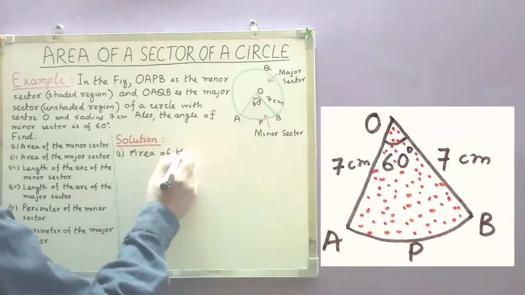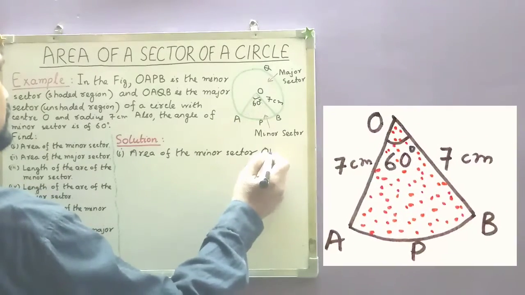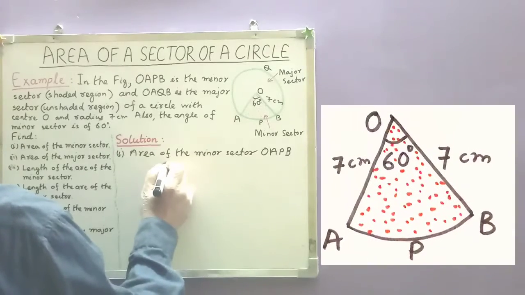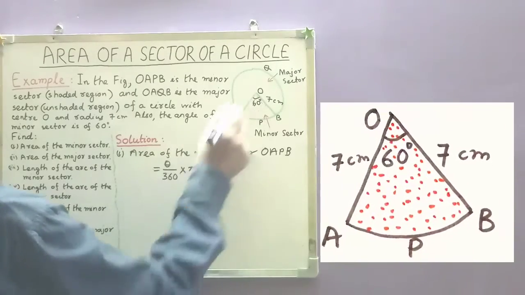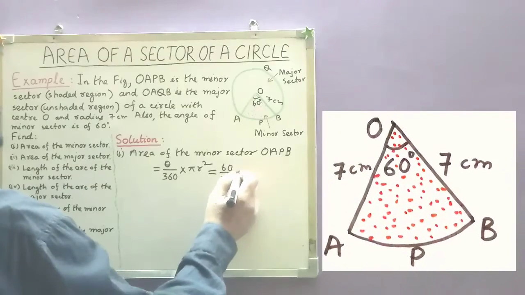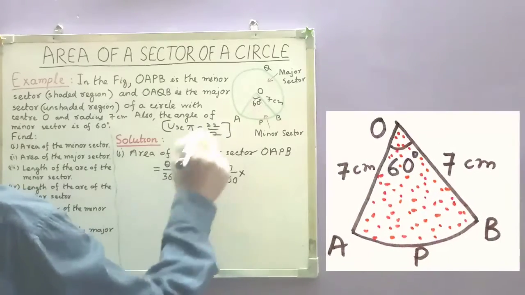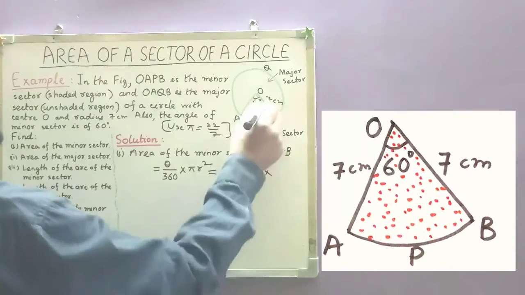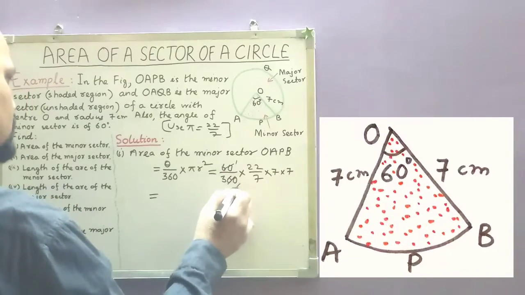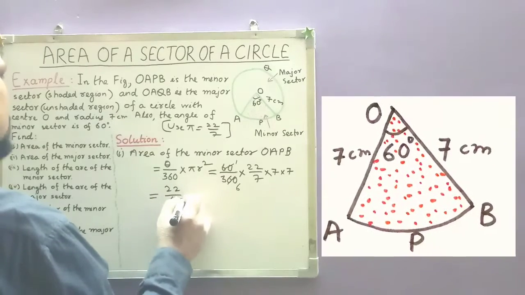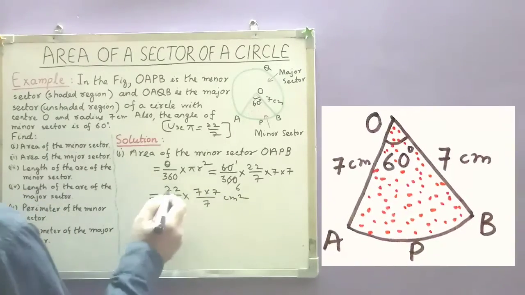First, area of the minor sector OAPB is equal to theta upon 360 multiplied by pi r square, that is equal to 60 upon 360 multiplied by 22 upon 7, given that pi is equal to 22 upon 7, into 7 square, that is equal to 22 upon 6 multiplied by 7 into 7 upon 7 centimeter square.